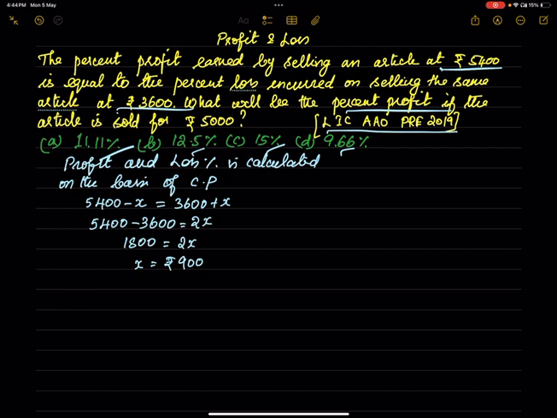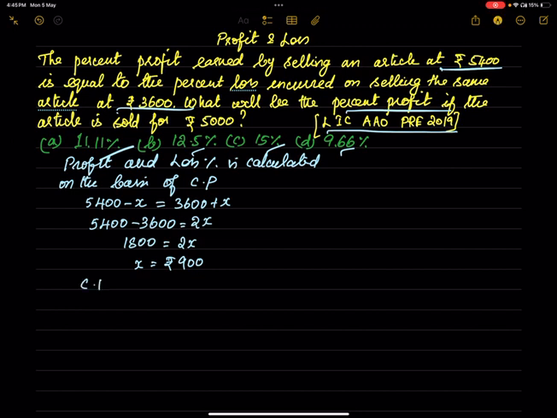This much amount only he got. When you add this amount in the second transaction, you will get the cost price. Or if you subtract this 900 from the first transaction, because in the first transaction he is gaining, SP minus this amount will give you the CP.